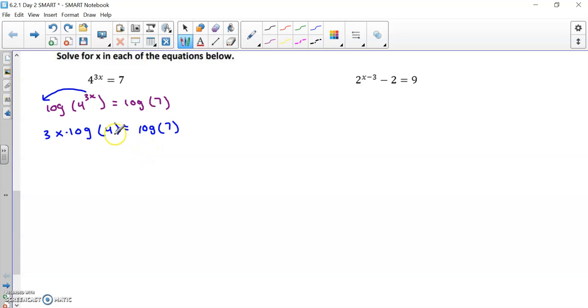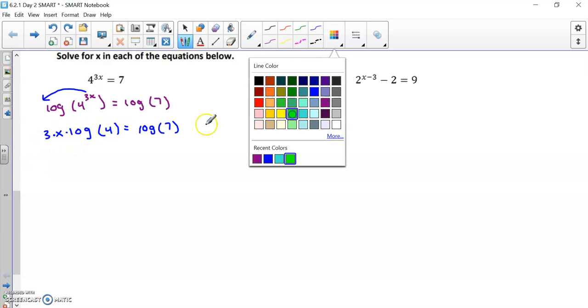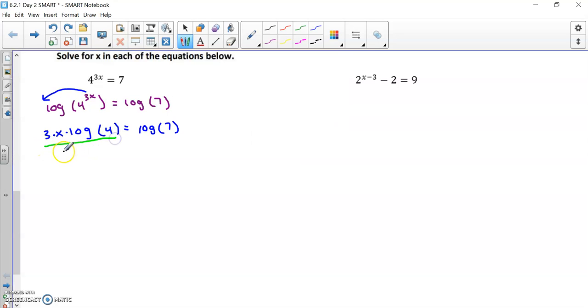All right, next we have to realize that there's a couple of things going on here on the left side. Yesterday, we talked about how we would have just divided both sides by the log of 4. That was all we needed to get x by itself. But in this case, there's also a pesky 3 hanging out here. Now, it's not actually that problematic because really it is just being multiplied. Everything here is just being multiplied, right? Technically, there's a dot there as well. So in order to get x by itself, we can go ahead and just divide by everything we want to move.